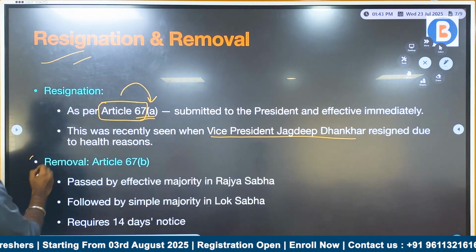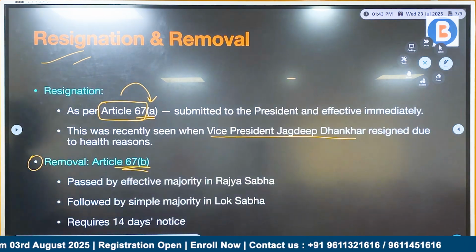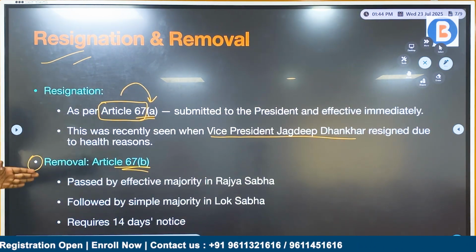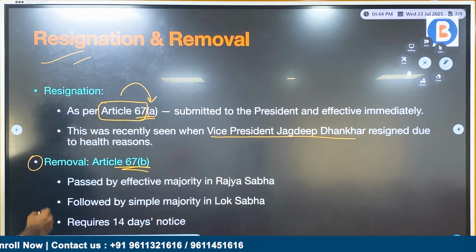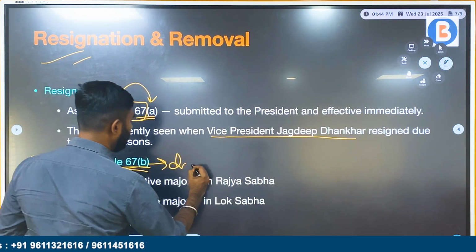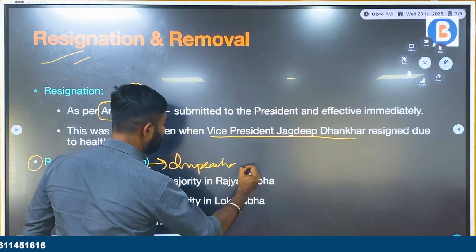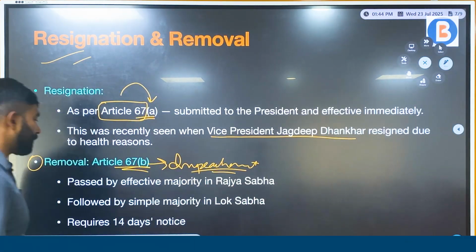Apart from that, Article 67 subclause B talks about removal through impeachment.